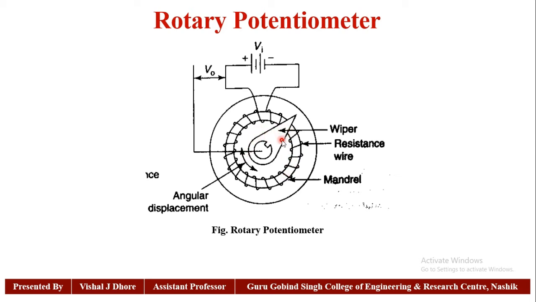The rotary potentiometer consists of a circular wire wound track over which a rotatable sliding contact can be rotated. So we can consider there is a resistance wire, and it is wound on that mandrel in a number of turns.